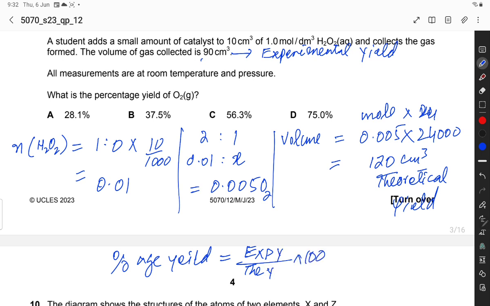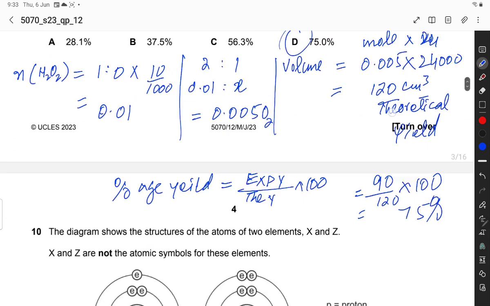So we have experimental yield 90 divided by 120 times 100. This is equal to 75. So D option is the correct option.